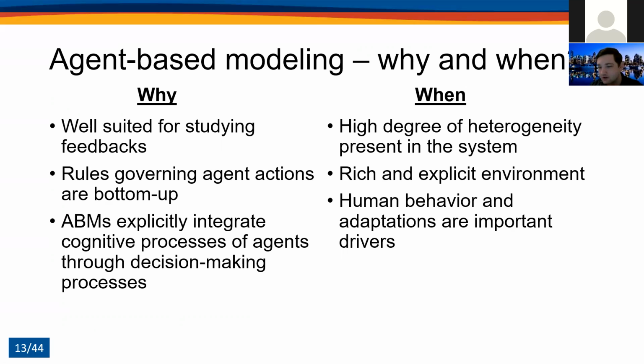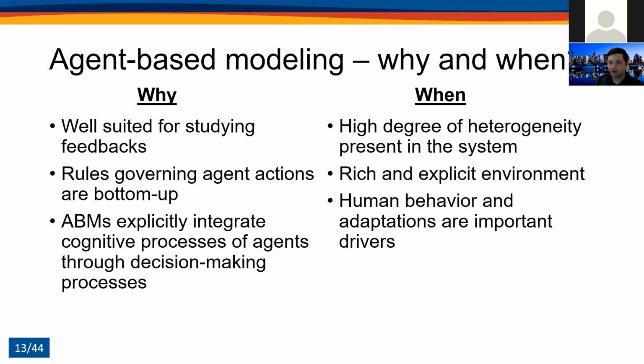And also, ABMs explicitly integrate cognitive processes of agents through decision-making processes, and the ability to code out those decision-making processes makes it good for the human dimension and how that may impact infrastructure systems or certain renewable energy programs or sustainable communities or resilience in communities. But really, looking at the human dimension is very important for this.